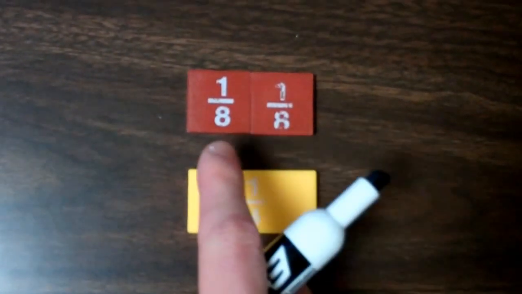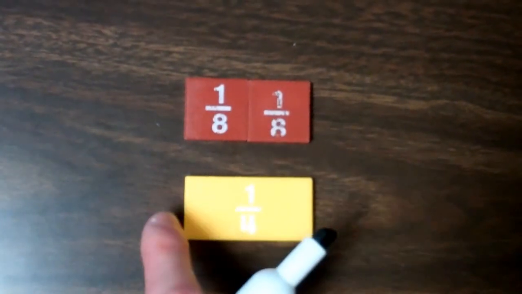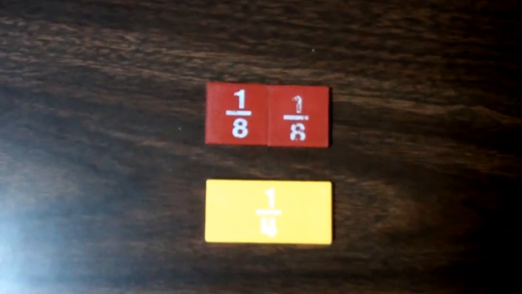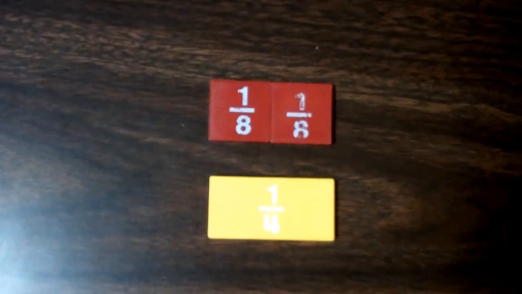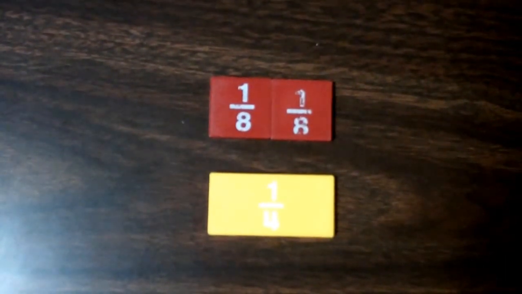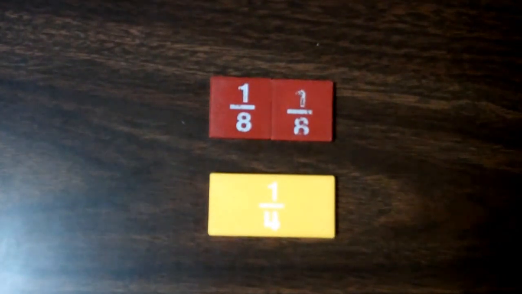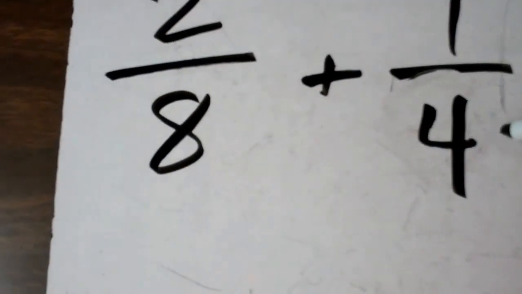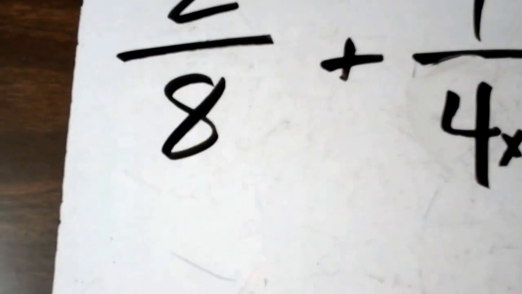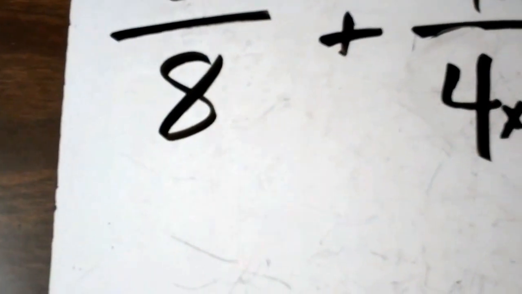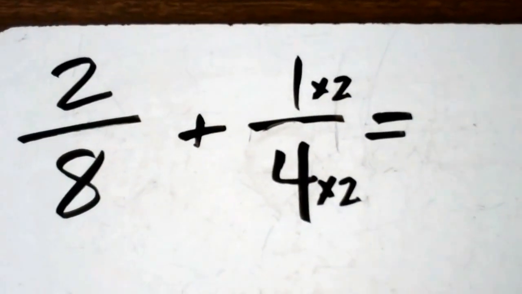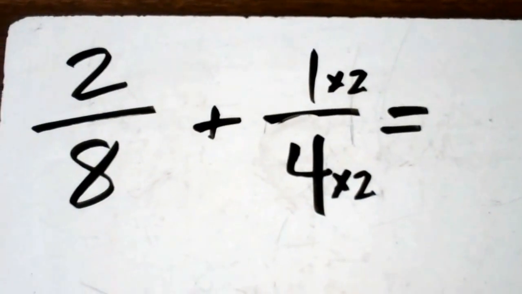Now, sometimes when you're adding fractions, your denominator is not the same. In this case, we have both eighths and fourths. So in order to add these fractions together, we need to make the denominator the same. Let's think. Can we make a 4 into an 8? That's right, we can. We're going to make a 4 into an 8 by multiplying it by 2. When you multiply your fraction, make sure you're doing the same to the numerator and the denominator.